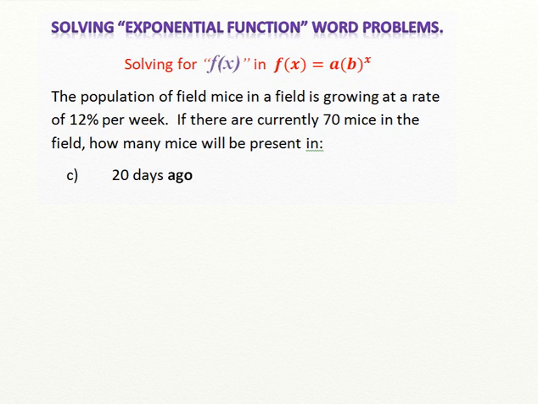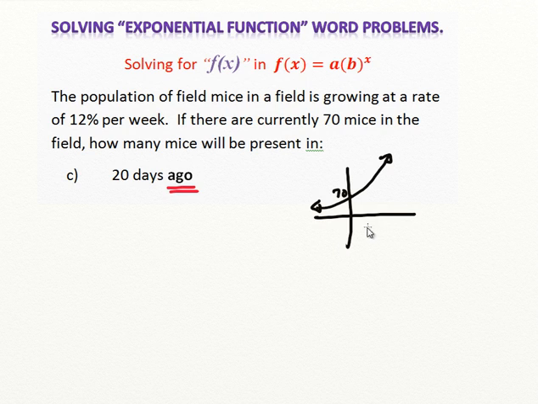In part C, the only difference is now we're talking about time in the past. So, ago. Now, the only thing that you need to just remember is that if I was to just draw a sketch of, let's say, the growth of these mice, well, we have 70 currently, so that would be the y-intercept.